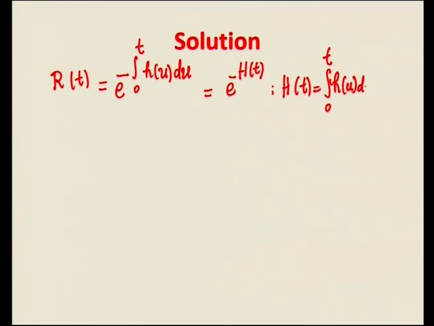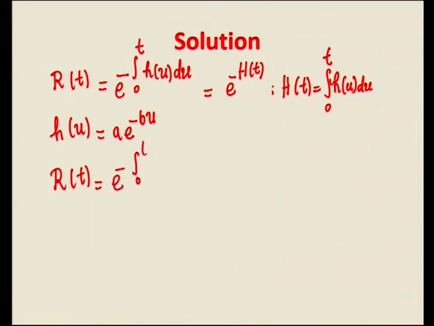H of u is the hazard rate function or the failure rate function, and capital H of t is the cumulative hazard rate function. Now, we have been given little h of u as a e power minus b u. Substitute this function in capital R of t. This is equal to e power minus integral 0 to t a e power minus bu du.